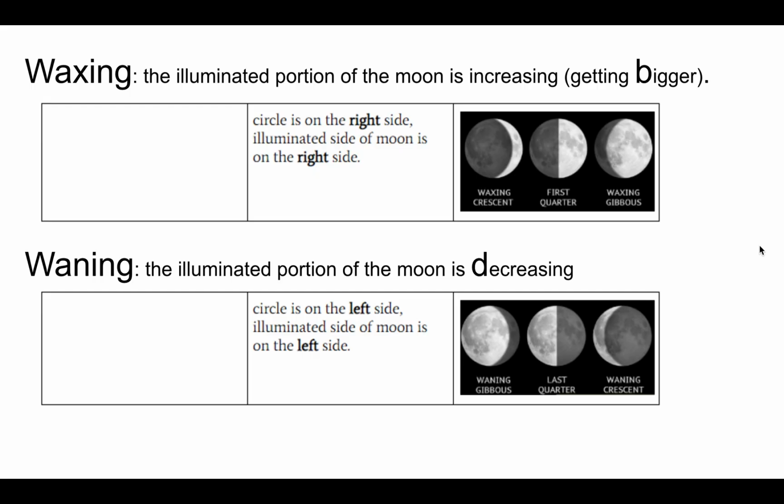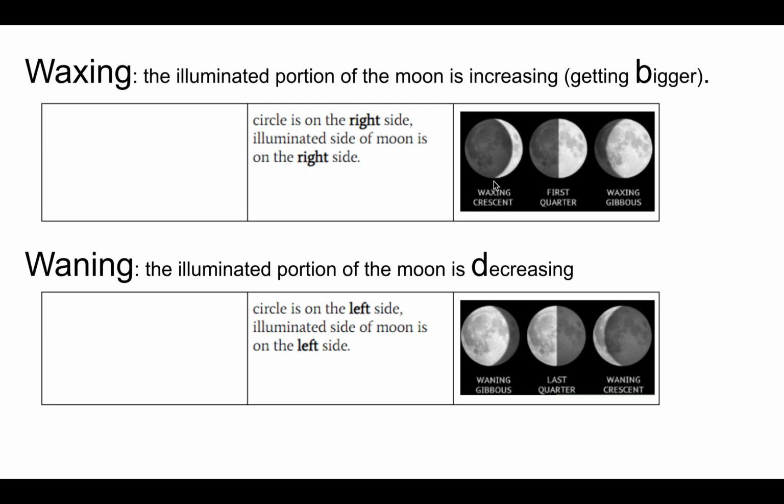All right. Some other terminology that you would need to know when you're talking about moon phases. So first is the word waxing. And waxing means that the illuminated or the lit up portion of the moon is increasing, or it's getting bigger over time. So if you look at the picture, we have the waxing crescent, first quarter, and then the waxing gibbous.